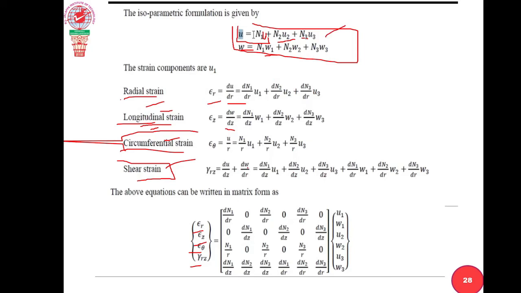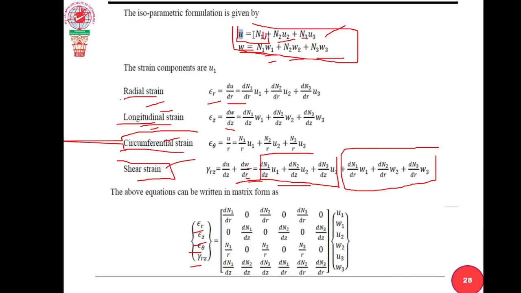Plus dw by dr, where we differentiate the w equation with respect to r: d by dr N1 w1, d by dr N2 w2 plus d by dr N3 w3. These are with respect to r and z, when you differentiate the equations u and w with respect to z and r. Clear?